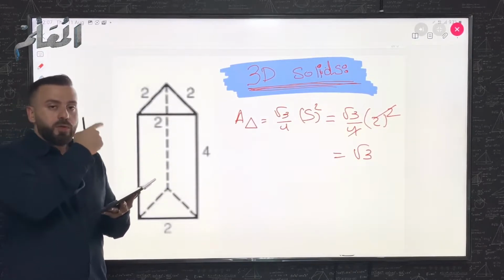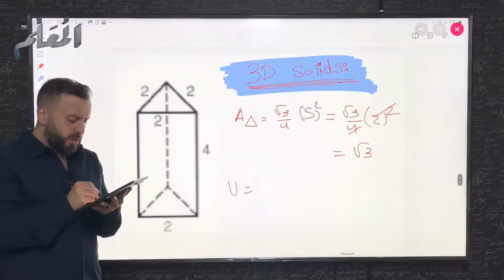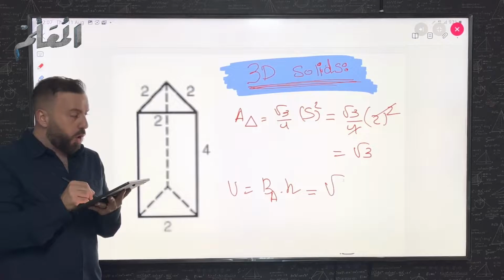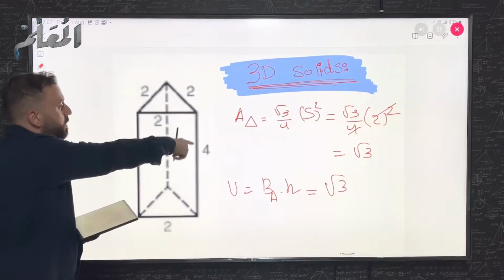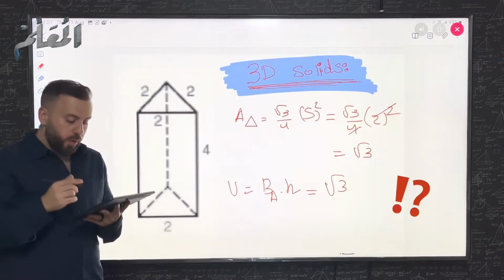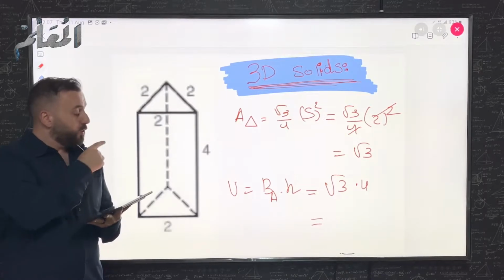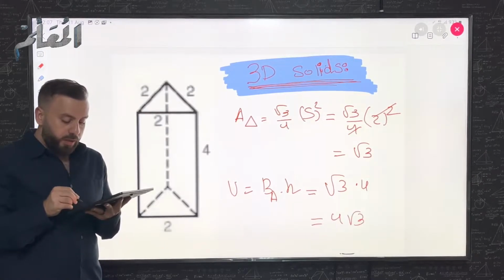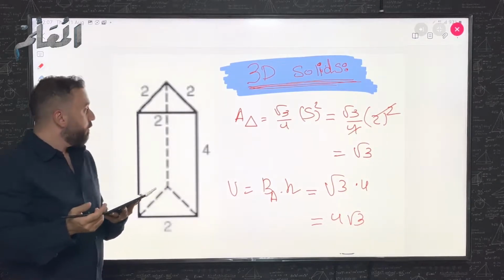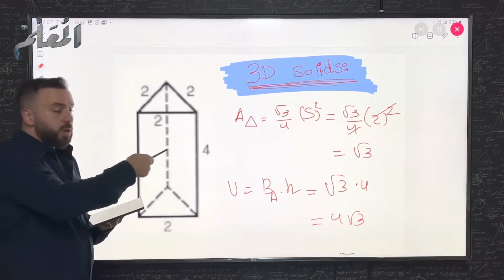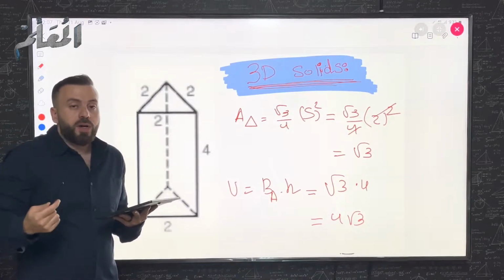And the volume for the triangular prism is equal to base area times height. The base area I already got, which is radical 3, times the height. What is it? It is 4, so radical 3 times 4, and that's the volume of the triangular prism, which is 4 radical 3 unit cubed. Always put in your mind the rule, because I know the rule and I'm fast in my solutions.